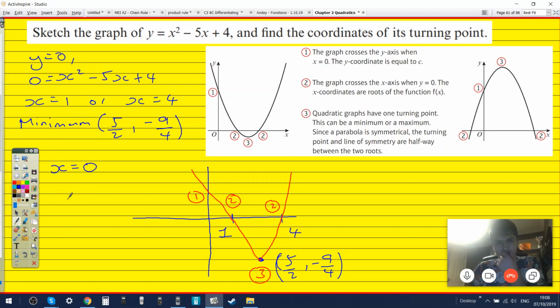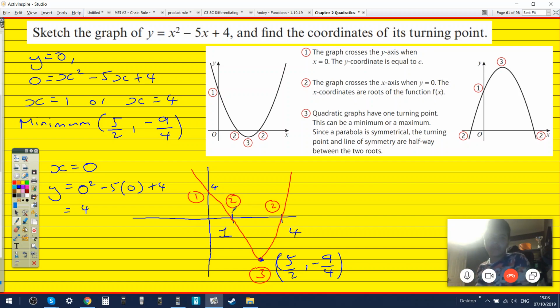So do I then need to do 0 squared minus 5 times 0 plus 4? Yeah. And so is the answer just 4? Yeah. So that coordinate is 0, 4. And that's it. That made our lives easier.